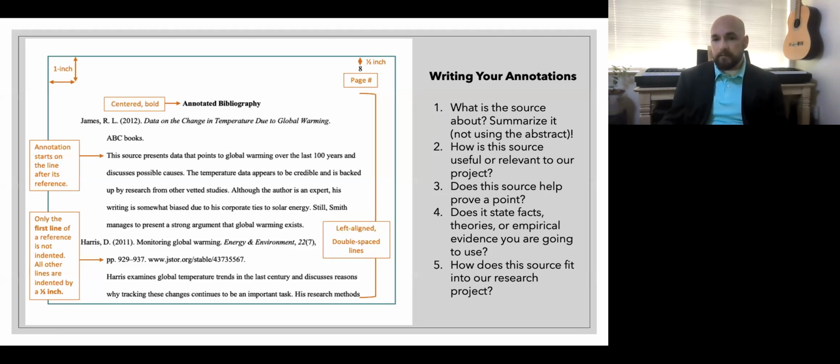Here is how it looks like. At the top, you include the reference in APA formatting, and this is automatically done using programs such as Zotero or using your library's website. The start of your annotation paragraph begins indented by 1/2 inch.